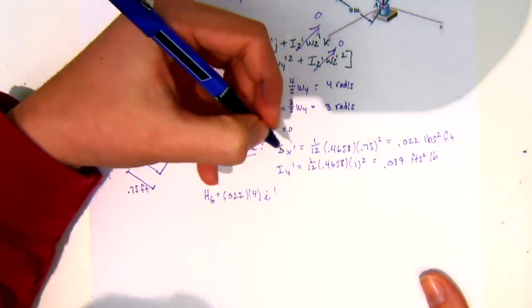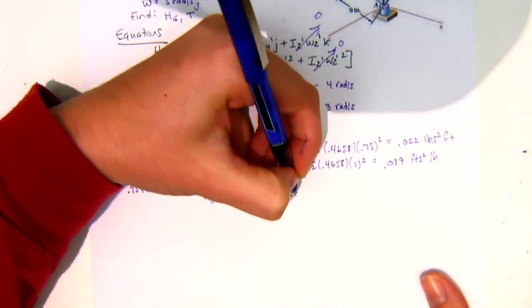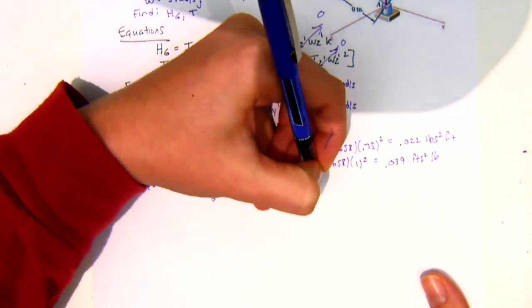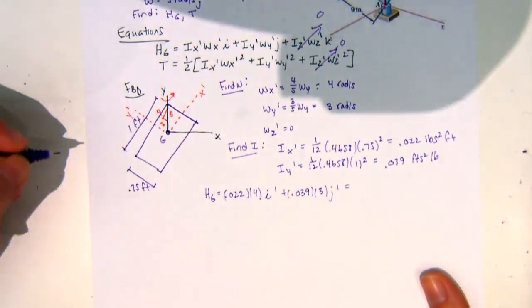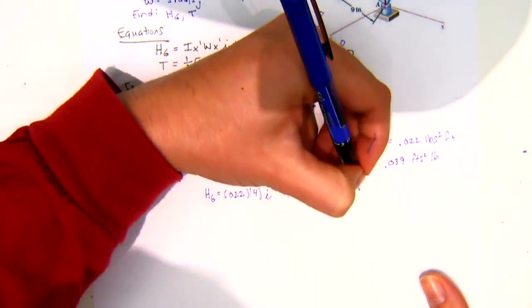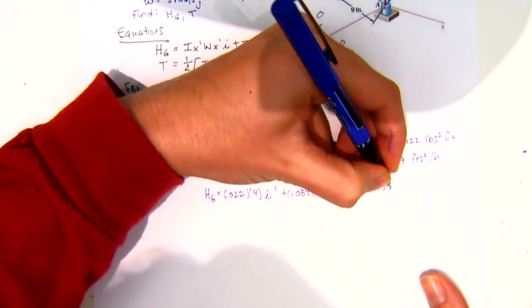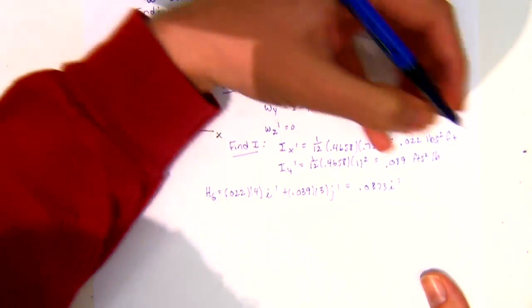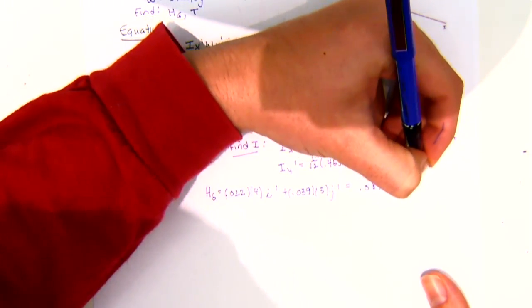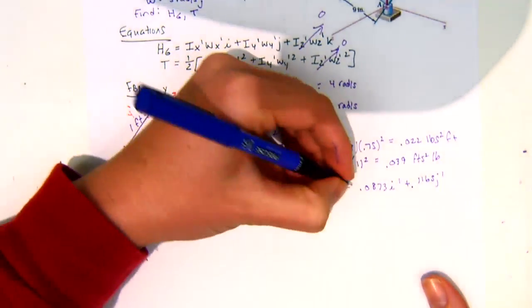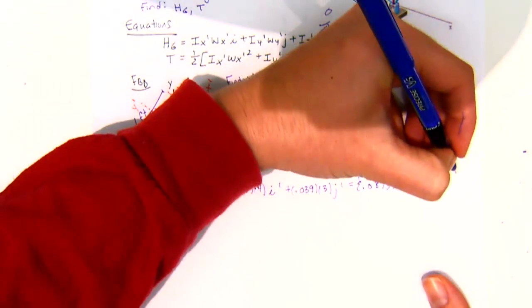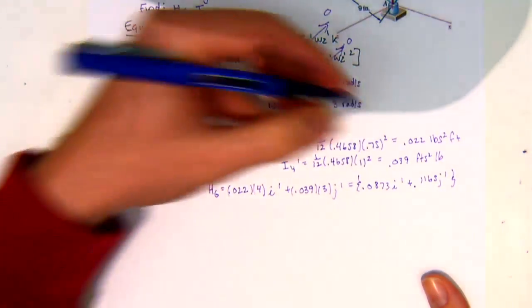Then I have plus 0.039 times 3 in the j prime direction. This gives me 0.0873 i prime plus 0.1165 j prime. And that's in pound-feet seconds.